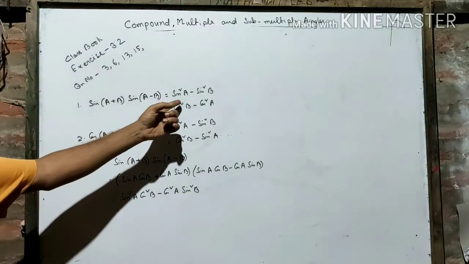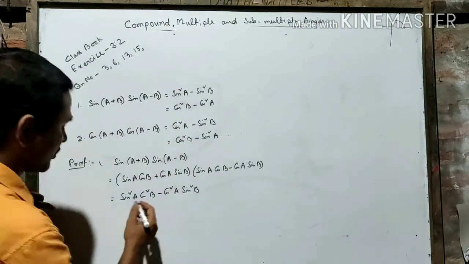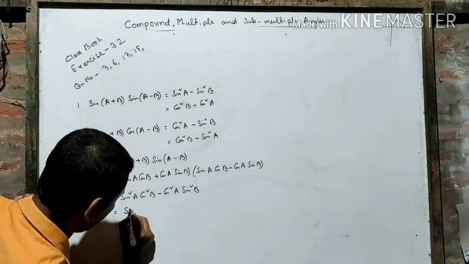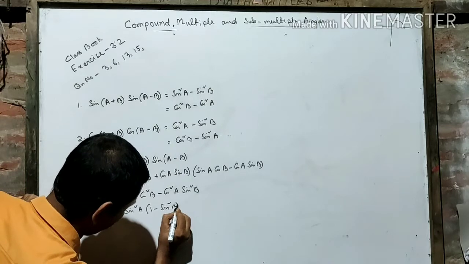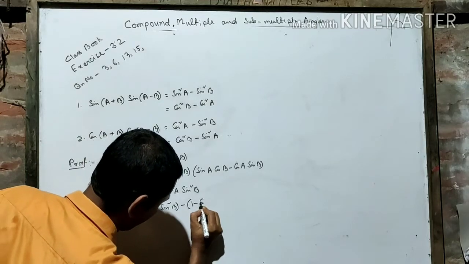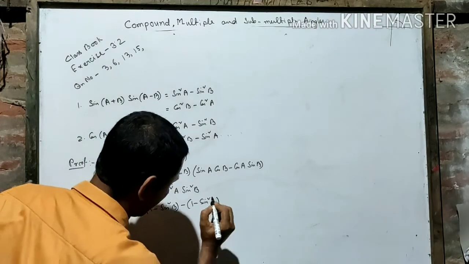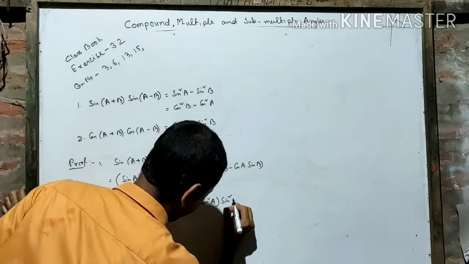The first result is sin square a minus sin square b. So let us remove the cos from here. Sin square a cos square b is sin square a into 1 minus sin square b, minus cos square a is 1 minus sin square a into sin square b.